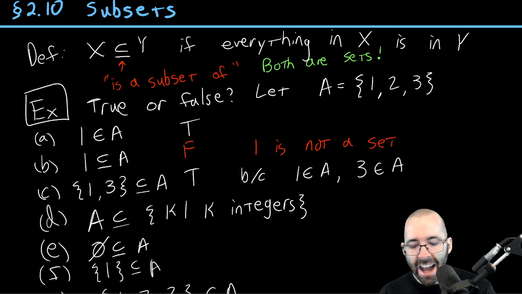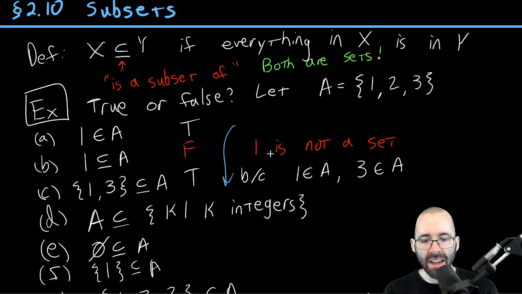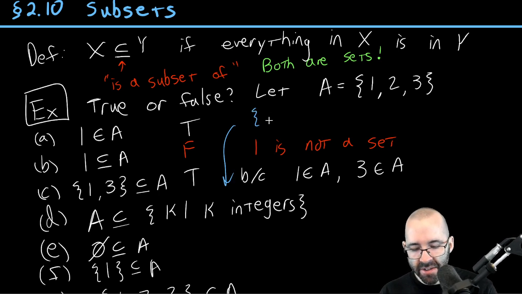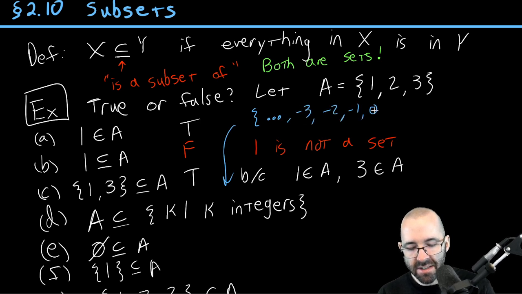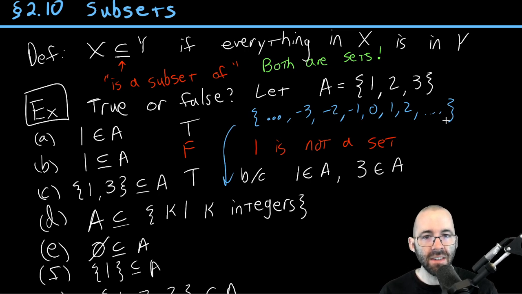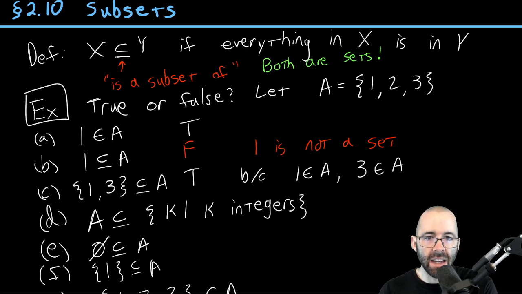The extensional definition would be the set that contains infinitely many numbers, but they all look like this. And then it goes on infinitely in the other way as well. So yes, everything in A is also in this blue set. 1 is in this blue set, 2 is in this blue set, and 3 is in that blue set. Yep, that's everything in A. And it is in this, and we do indeed have a subset right here.